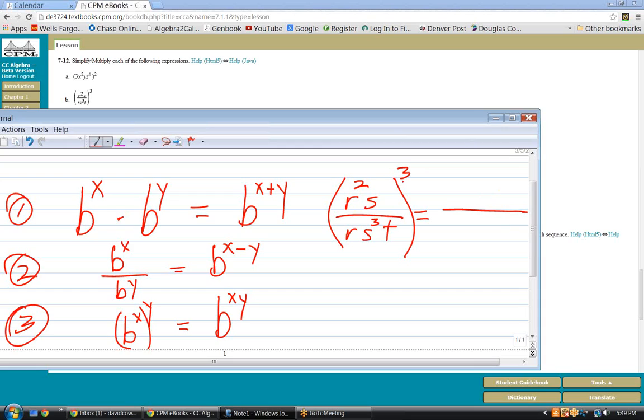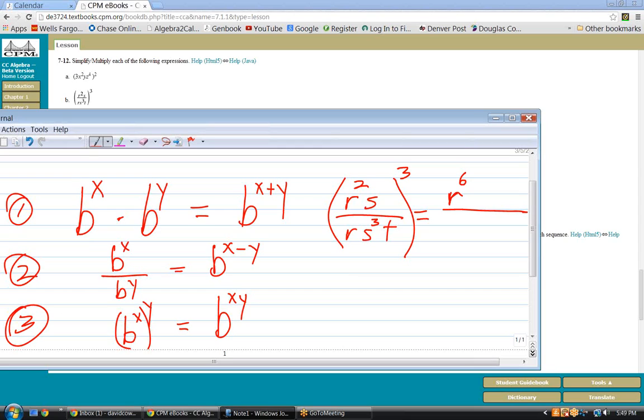So first of all, let's take the cube and act on the numerator. What is going to be the exponent on r in the numerator? It's not 5, is it? 6. It's rule 3. Do you see why it's rule 3?